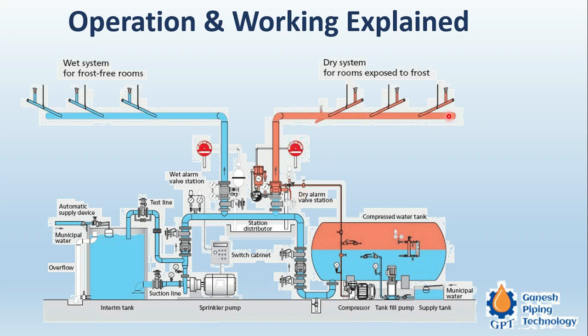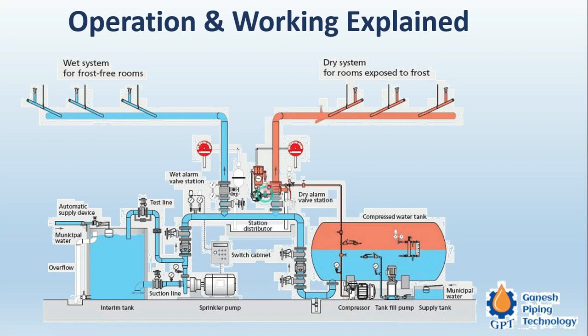Now the system is on and it is fully functional. In the event when there is a fire, the phenomenon will be the same. There is a sprinkler nozzle, and because of the rising temperature, if it crosses that limit of say 400 or 500 degrees Celsius, then the sprinkler nozzle bulb will fuse.